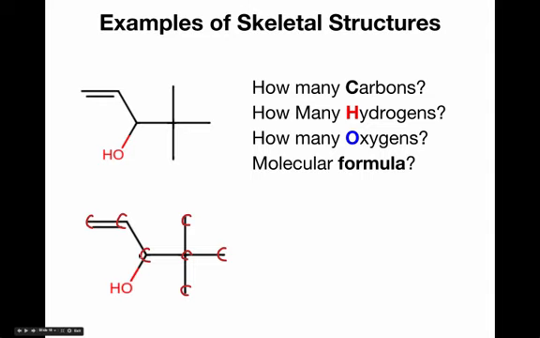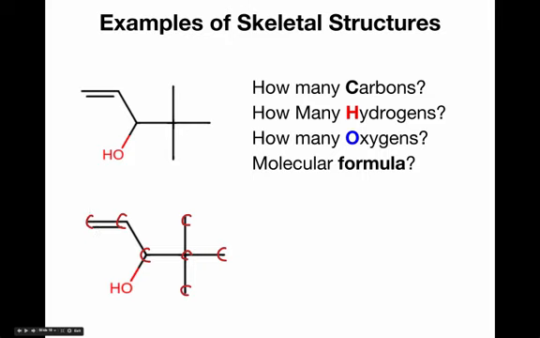There are 1, 2, 3, 4, 5, 6, 7. 7 carbons. Then how many hydrogens? This tends to be the most difficult because you have to do a little bit of subtraction. This carbon over here, you can see it making 1, 2 bonds because this is a double covalent bond. Every carbon has to make a total of 4, so this carbon is making 2 invisible bonds to hydrogens.